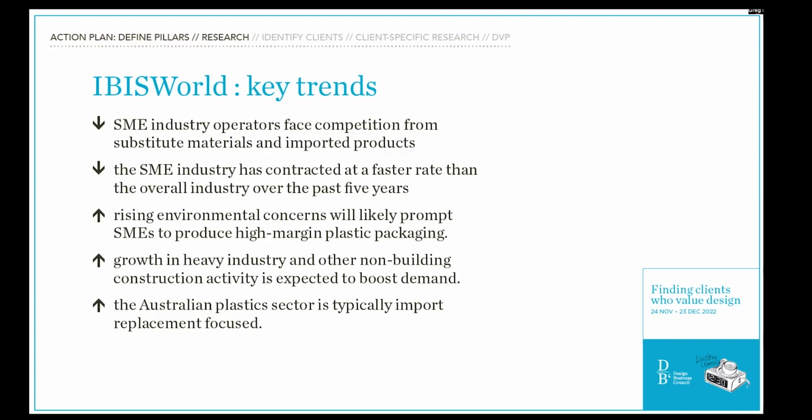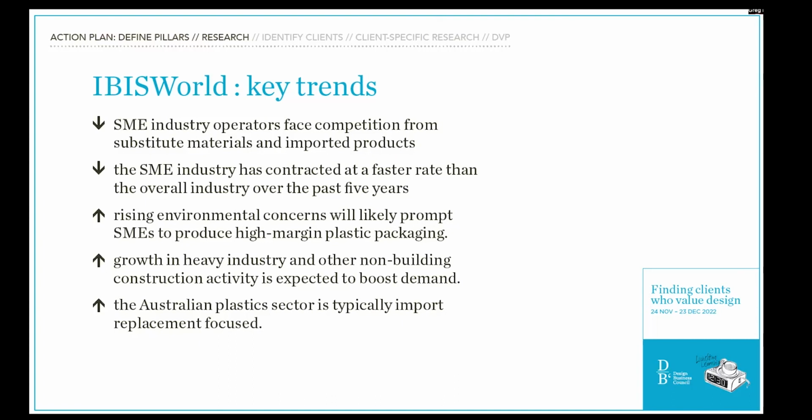The environmental concerns are actually leading to a very positive thing, where high margin plastic packaging is being developed because of the environmental concerns. So the recycling of certain plastics is much easier, and that's generating a much higher margin, particularly in a space where the raw material for plastic, oil, has become so expensive.